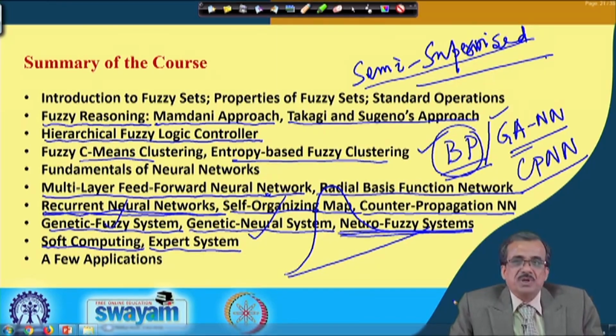In this particular course, we discussed two applications in detail. One is how to design and develop intelligent and autonomous robots, and to do that we discussed how to develop an adaptive motion planner, an adaptive controller, and how to carry out the vision analysis, that is the problem of computer vision or robot vision.